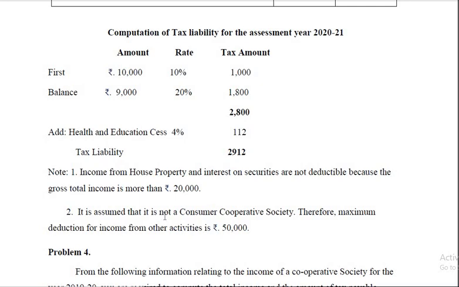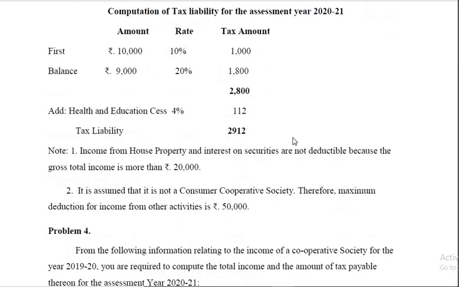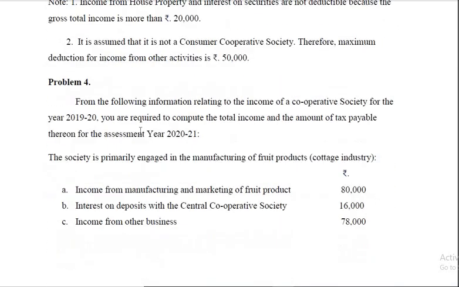It's assumed that it is not a consumer cooperative society. Therefore, the maximum deduction for income from other activities is 50,000, whereas here the amount is 53,000. So, maximum 50,000 is available for deduction under 80P. So, that's about this particular problem.